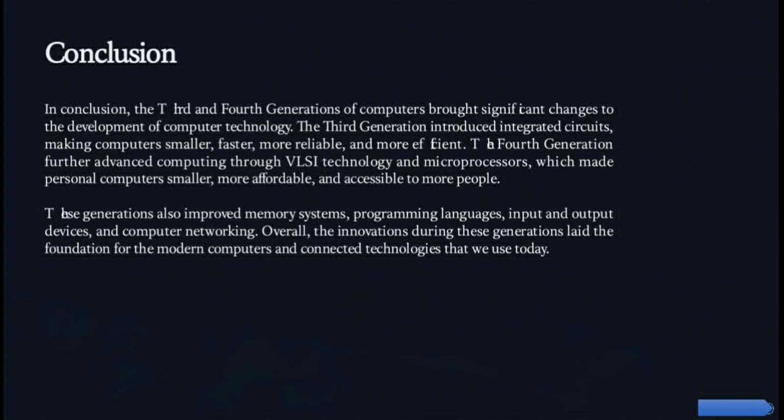Because of these developments, personal computers became smaller, more affordable, and accessible to more people. Now, these generations help transform computers from large and expensive machines into smaller, faster, and more accessible devices that became part of our everyday life.